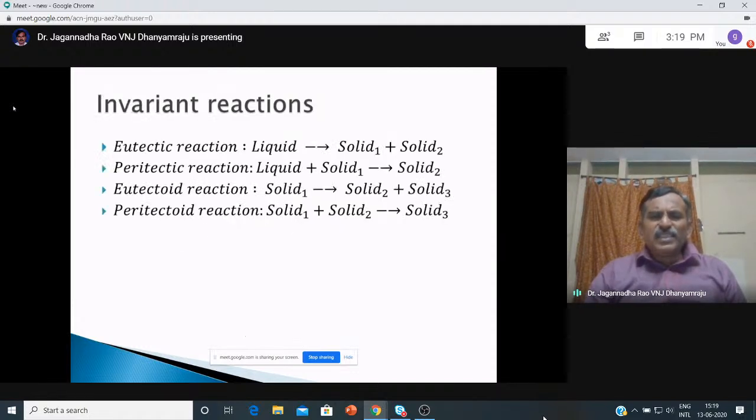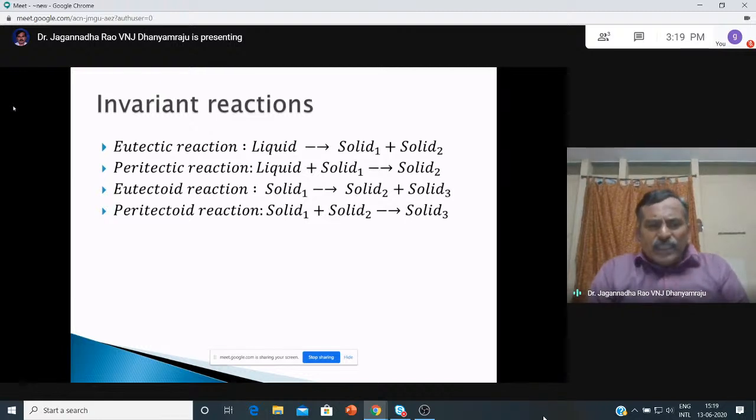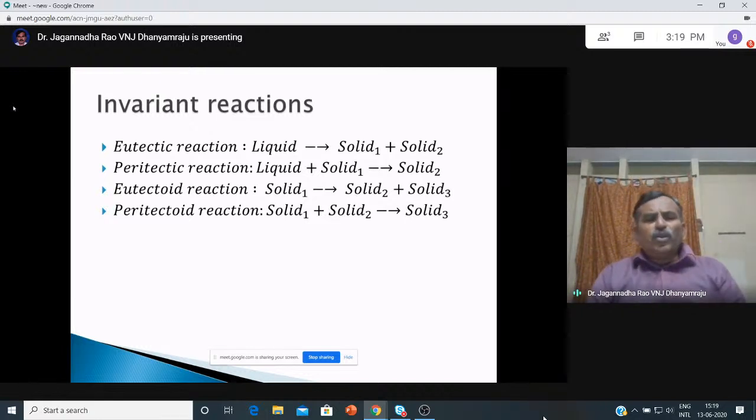Now let us summarize the invariant reactions in the phase diagrams. So first is a eutectic reaction, in which liquid is separated into solid 1 and solid 2. So liquid is separated into two solids. And let us think about the eutectoid reaction.